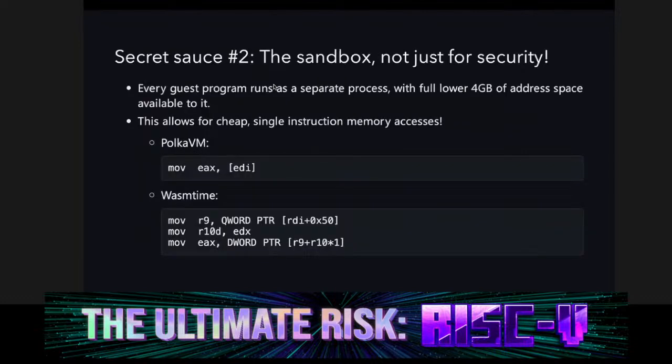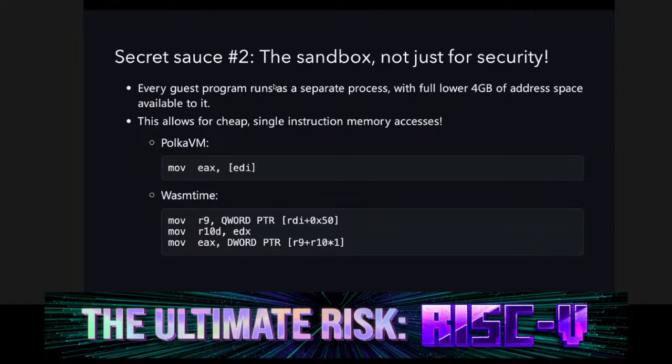Our secret sauce number 2 is the sandbox. This is not just for security, actually. We have a specially crafted ELF file which the VM launches, which guarantees that the lower 4 gigabytes of address space of the process are free and can be used by the guest program.